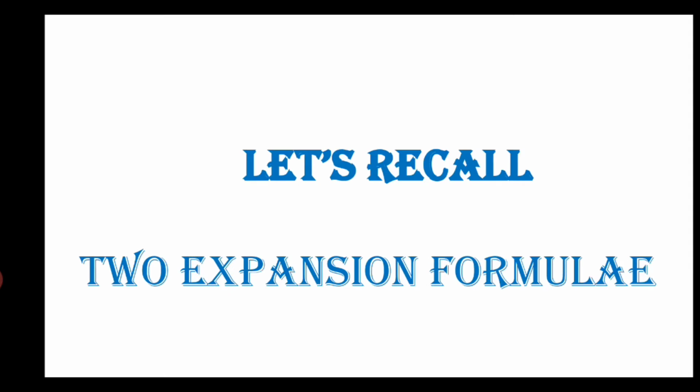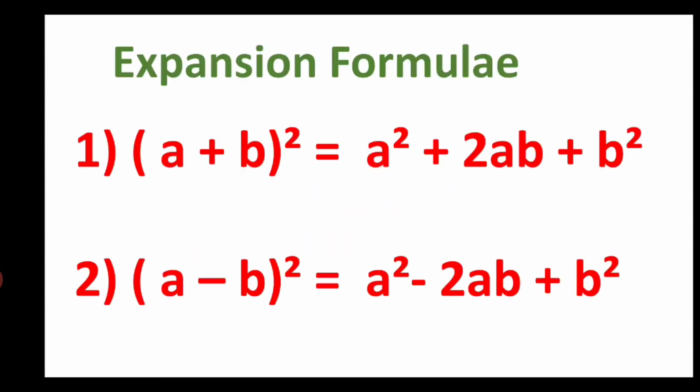So children, first let us recall these two important formulae which we have used for solving question number 1 of practice set 50 in our previous video of part 1 of practice set 50. These two important formulas which we have seen are expansion formulae.